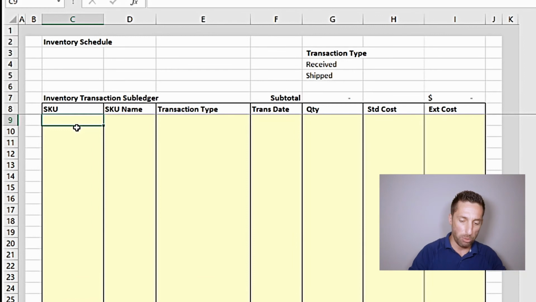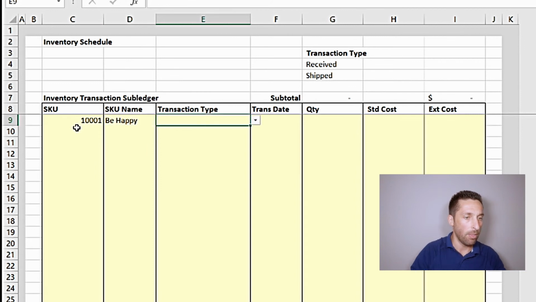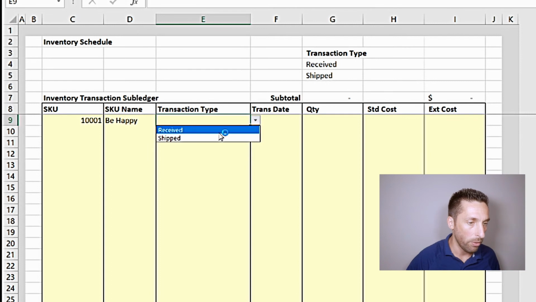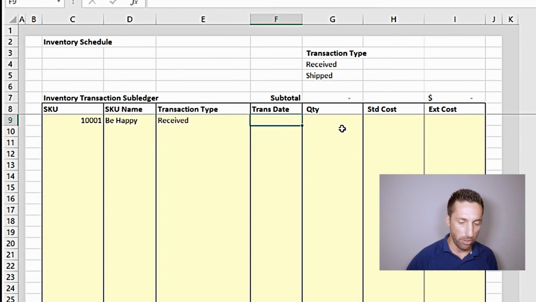Now SKU, you can just make this up. I'll just say the SKU number, that's the SKU number. The SKU name, I'll just say, be happy. The transaction type, well, this is inventory that we've received, and I'll put the transaction date. We received this on 10/1/2020.